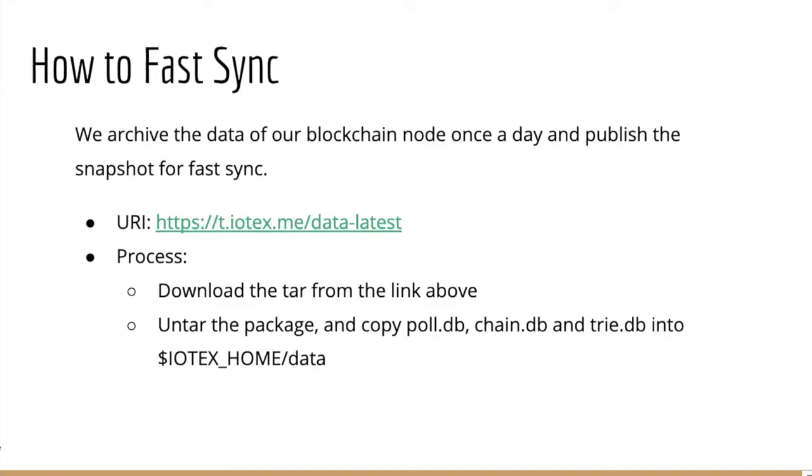Today we are also planning to upgrade to release candidate 7, and this is going to be a compatible upgrade, which also means it's a soft fork. All you need to do today is restart your node with this new Docker image, and you don't need to clean up your local state this time because it's a compatible upgrade.